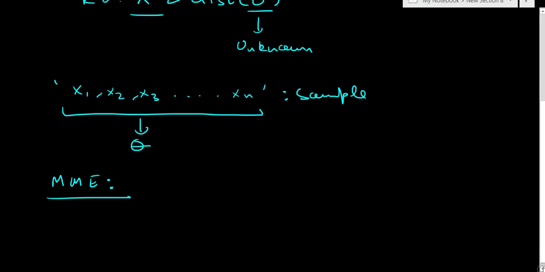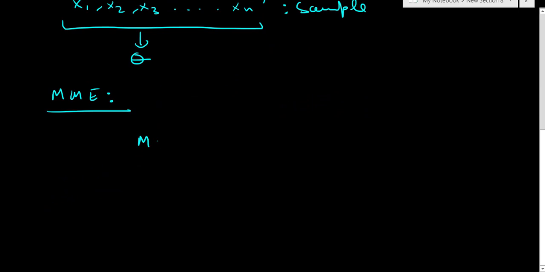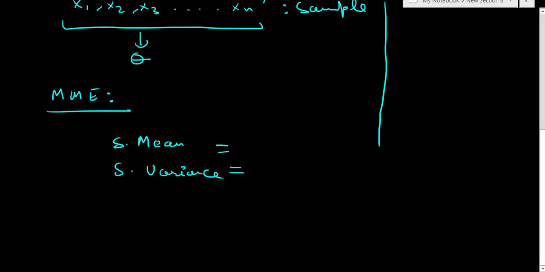For example, it suggests that we can calculate the sample mean and the sample variance, and then equate the sample mean or the sample variance to the formula of mean or variance for this particular random variable x, and we can find the value of theta.